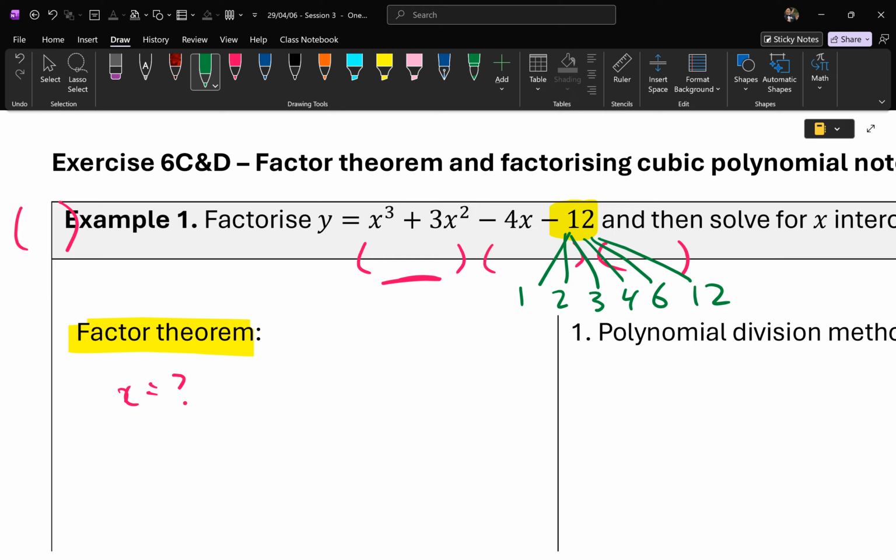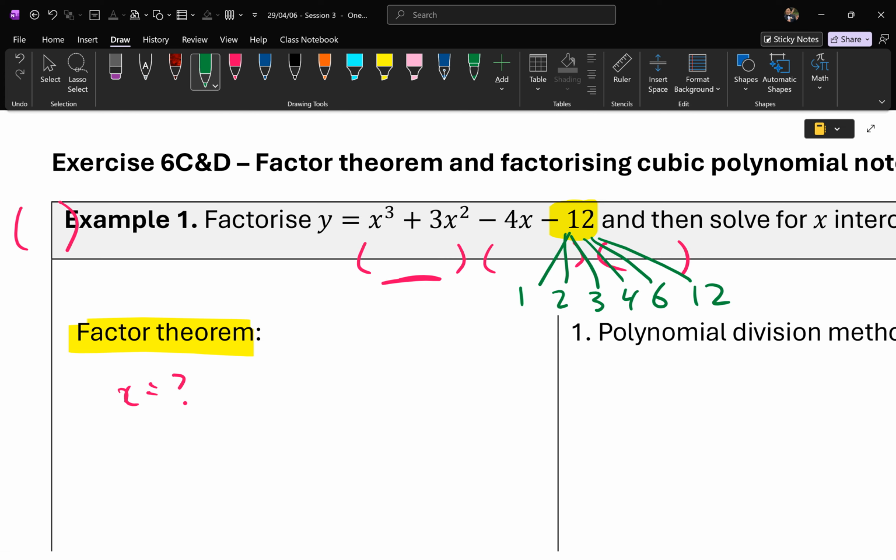Most likely in your tests, SACs and exams, they're never going to give you 12, because subbing 12 in, doing 12 cubed and 12 squared, takes too long unless you have a calculator. If it's a no-CAS test, it's very likely one of the first 3 most of the time. If you have a CAS calculator, then it could be anything. You just have to sub them all in.